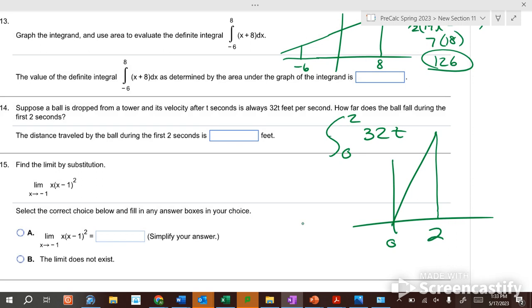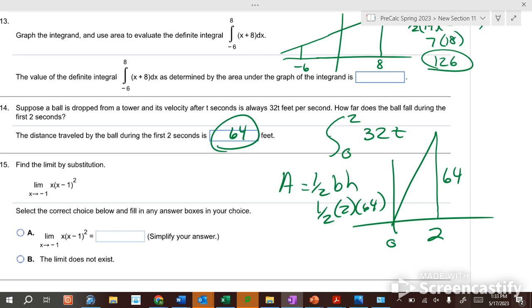What's the height at 2? If you stick a 2 in here, 32 times 2 is 64. So the area of a triangle is 1/2 the base times the height. So it's 1/2 of 2 times 64, which is 64. Okay.